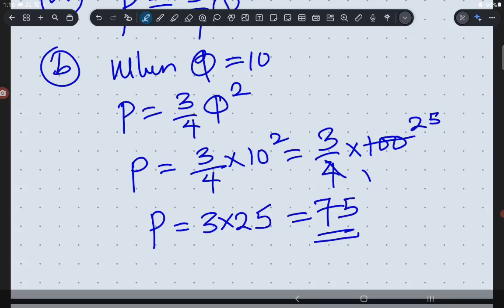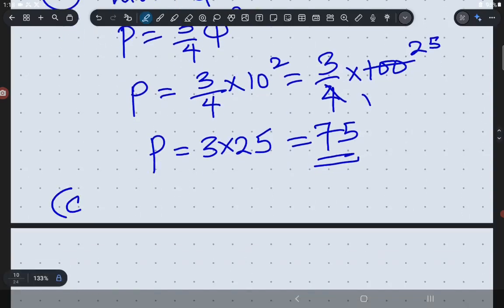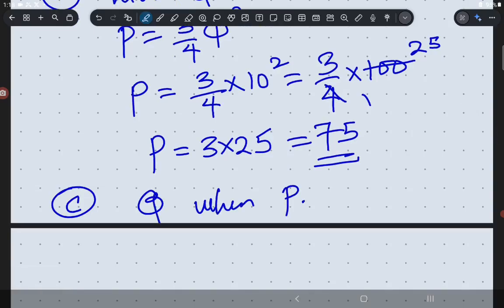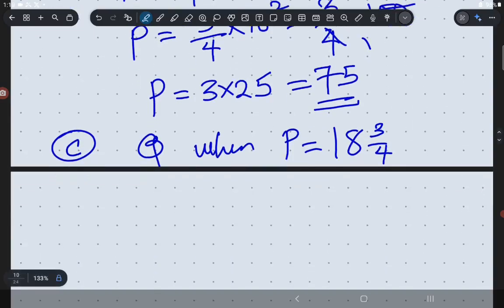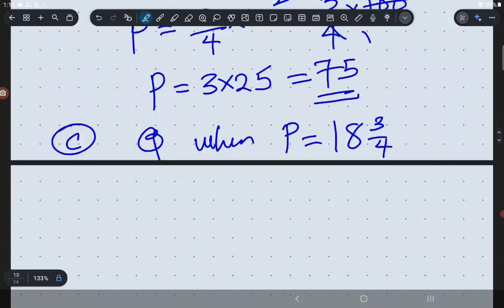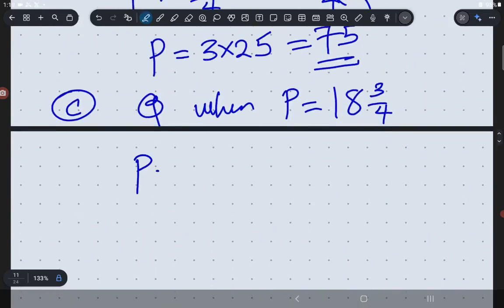We still have to continue because of the third question, which asks for the value of Q when P is equal to 18 3 over 4. So we want to know the value of Q. Now, since we understand the relationship, we will still use it, because 3 over 4 Q² is the relationship.